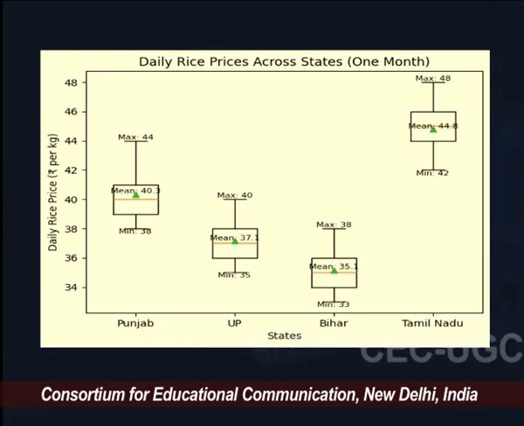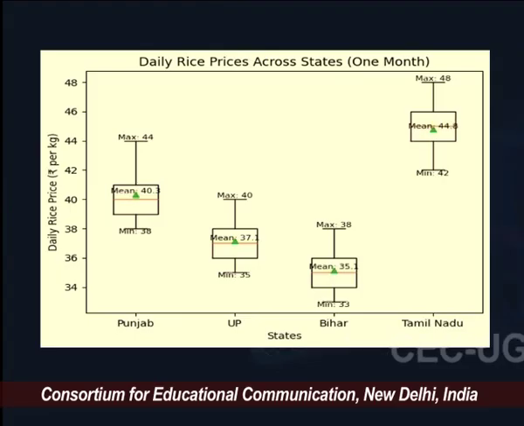And not only does it tell you the median value, it also tells you how the prices are scattered across different states. So for example, let's understand this also. You would see for Bihar, the box is more towards the minimum side. So the whisker for the box plot is shorter on the minimum and larger on the maximum side, which means the values tend to scatter around or go towards the minimum value for the state of Bihar.